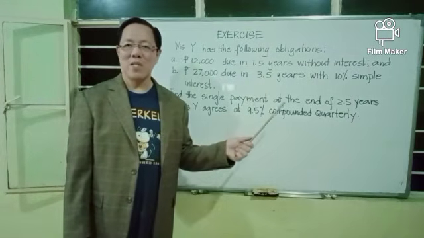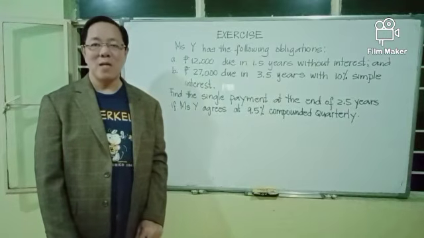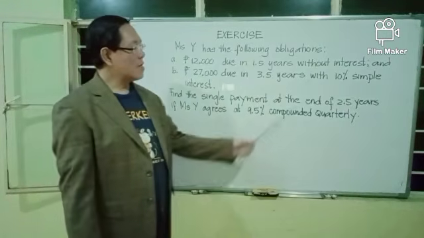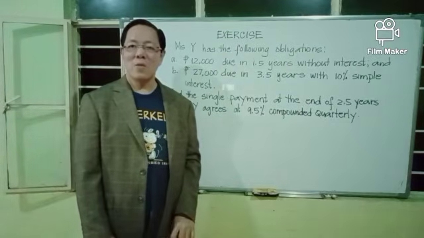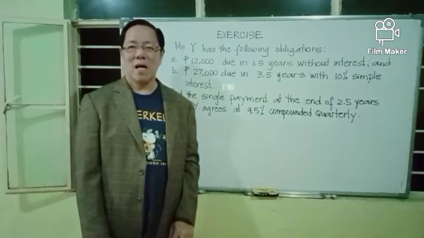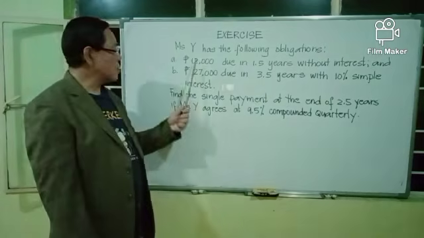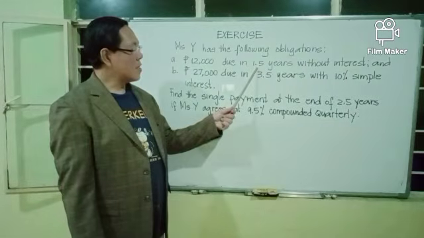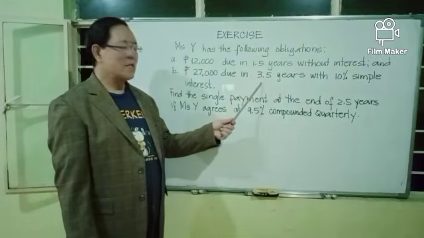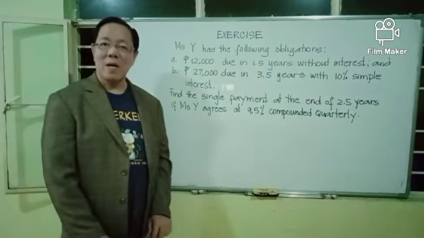So to find the maturity value of the second obligation, you use the formula for accumulated value of principal at simple interest, that is A equals P times quantity 1 plus IT. And then you plot these maturity values of these two obligations above the timeline at the end of 1.5 years and 3.5 years. And then you select a comparison date.